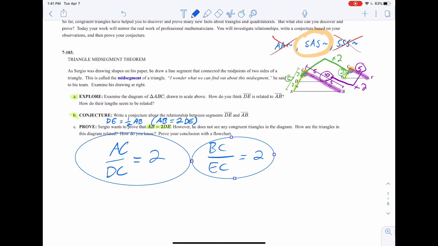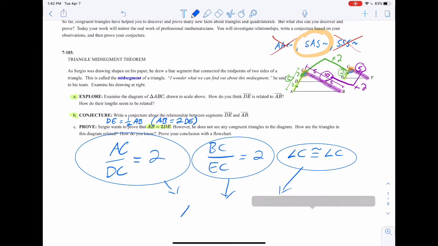And then the included angles, angle C is congruent to angle C. Now that's enough information to make the conclusion that triangle ACB is similar to, remember, not congruent, similar to triangle DCE.